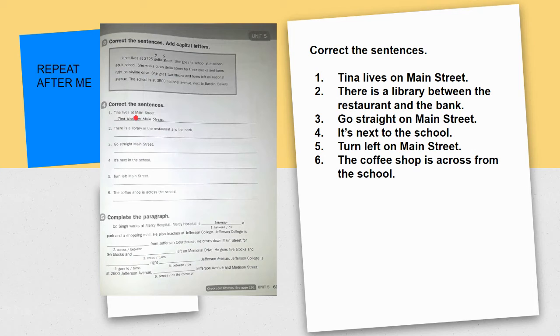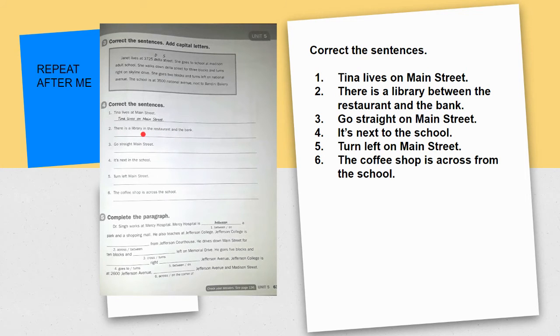Okay, Tina lives on Main Street. Next we have, there is a library in the restaurant and the bank. There's a library in the restaurant? I don't think there would be a library in the restaurant and the bank. That makes no sense, right?